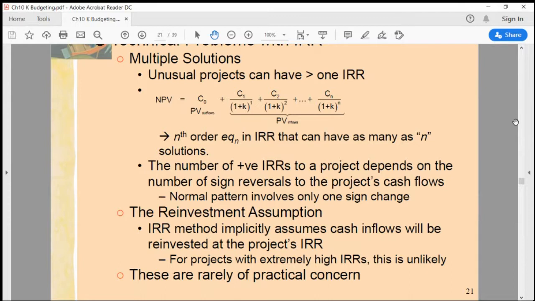In reality, each year the cash flows will be reinvested, but the rate of return may not always be the same as the internal rate of return, because the actual rate of return would depend on the growth rate of the business, the sales revenue each year.